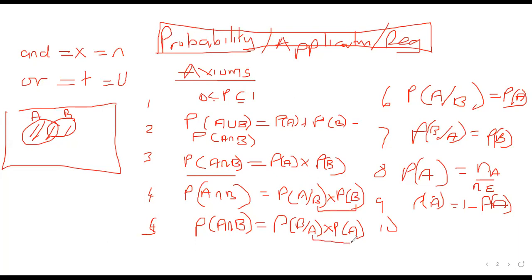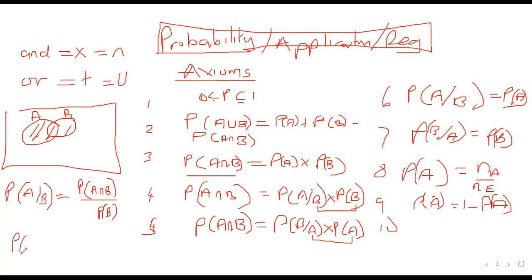B given A times A, we get A intersection B. So this all comes from what is called Bayes' theorem. If we have A given B, our B is the denominator, it will go down. Then on top, we're going to have A intersection B. So this is how we expand this function.